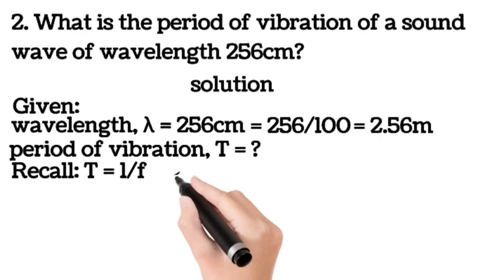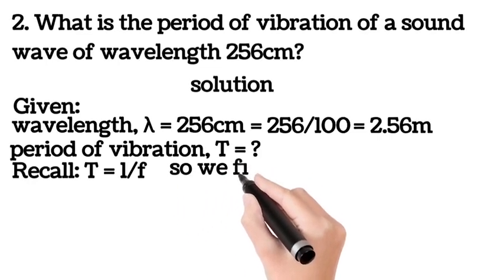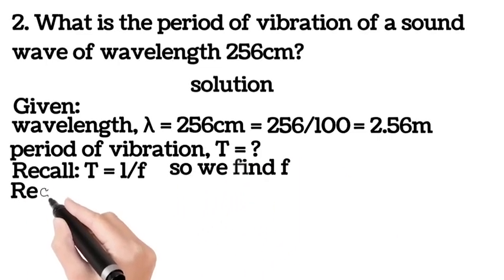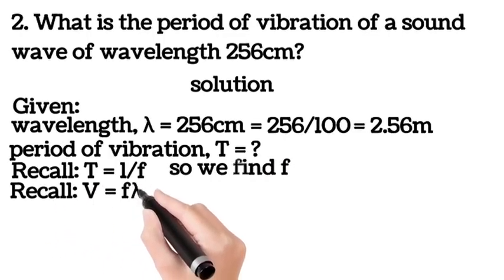So we have to first of all find F. Now recall that V equals F lambda. And we were given lambda in this question as 2.56 meters, but we are not given V. Recall that V is a constant and V equals 340 meters per second.